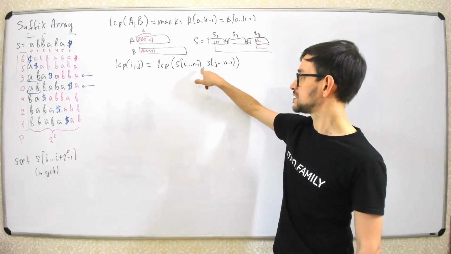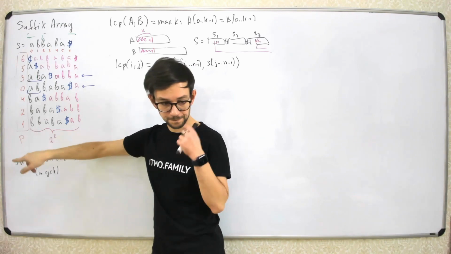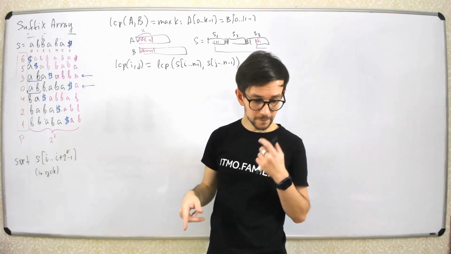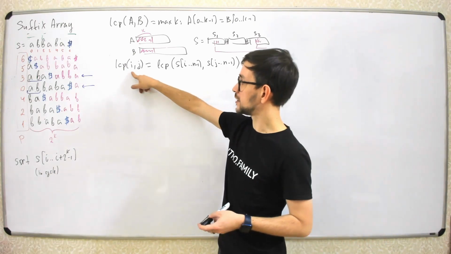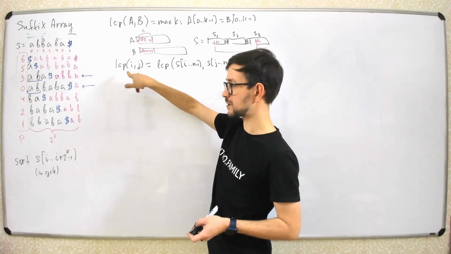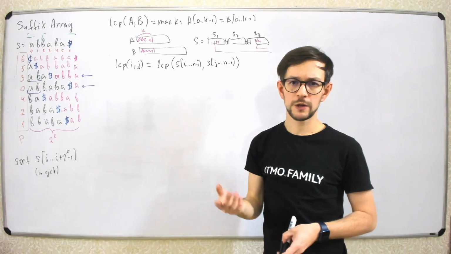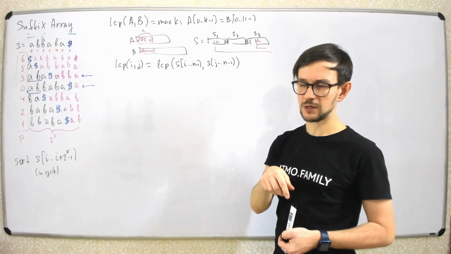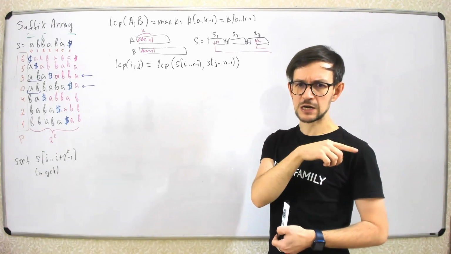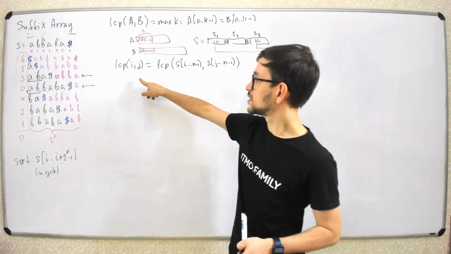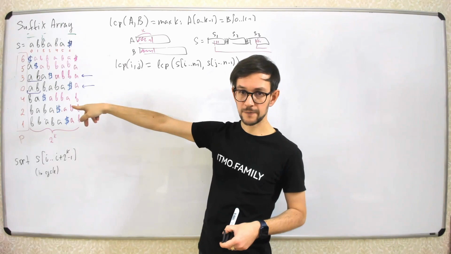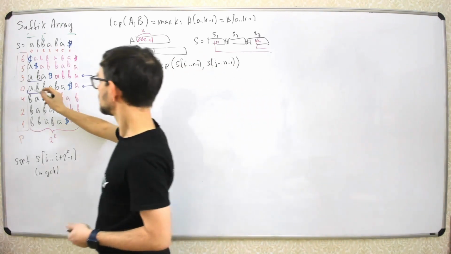We can find these indices in array P. So we take these indices i and j and find these two numbers in array P. We can pre-calculate for each number its position in array P. It's already calculated in array C actually, but it doesn't matter. So we find these indices i and j in array P. So this will be i, this will be j.